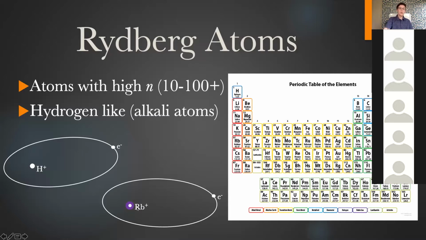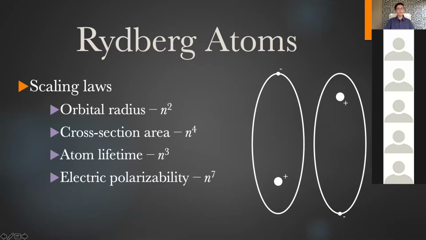Yeah. So Rydberg atoms are really, really cool because they have all of these different scaling laws that scale via n. What this means is that different properties become exaggerated when we go to these high energy levels, which allows us to study different interactions and different quantum mechanics phenomena more easily. For example, the orbital radius scales by n squared, and the cross-sectional area scales by n to the 4th. These both relate to the atom's size.